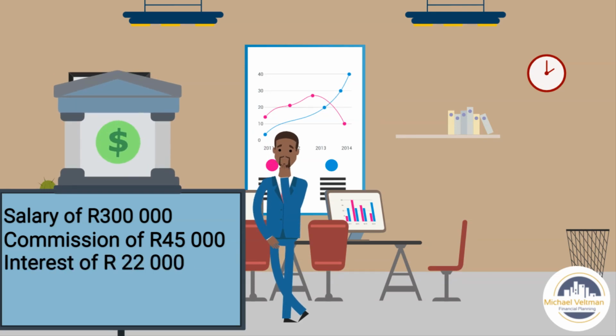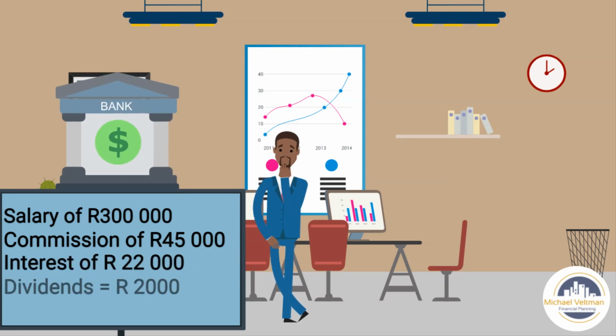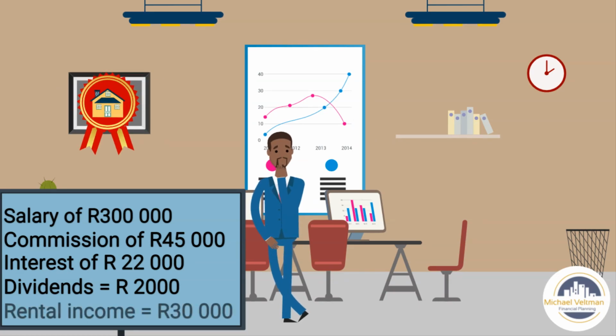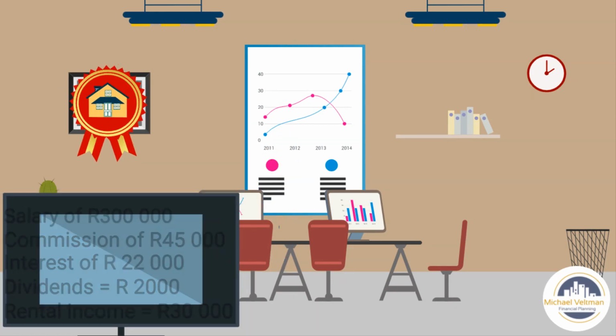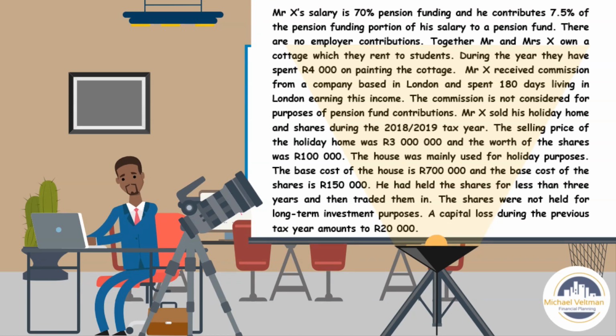Interest of R22,000. Equity unit trust dividends of R2,000. Rental income of R30,000. Mr. X's salary is 70% pension funding and he contributes 7.5% of the pension funding portion of his salary to a pension fund. There are no employer contributions.